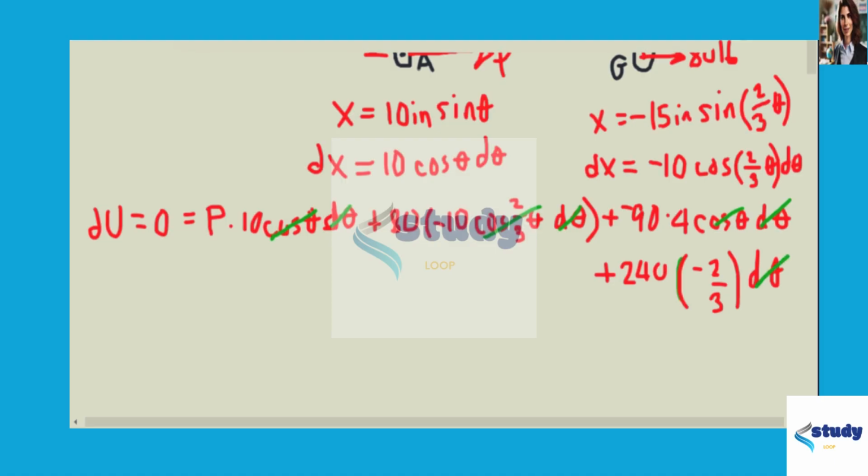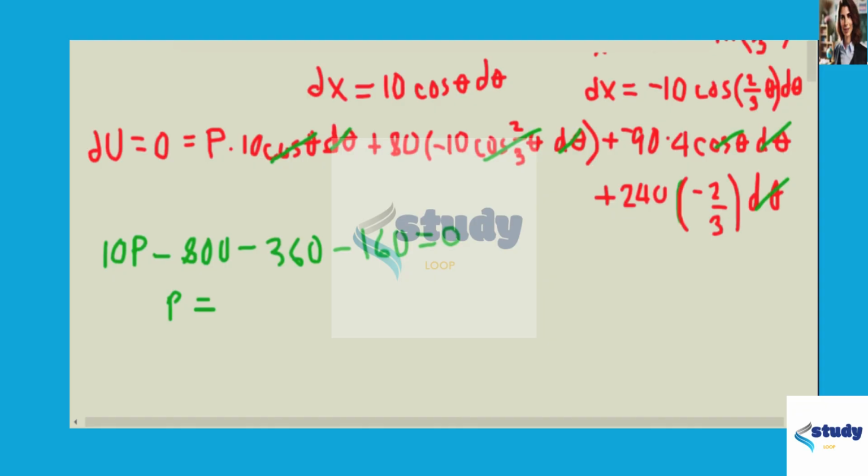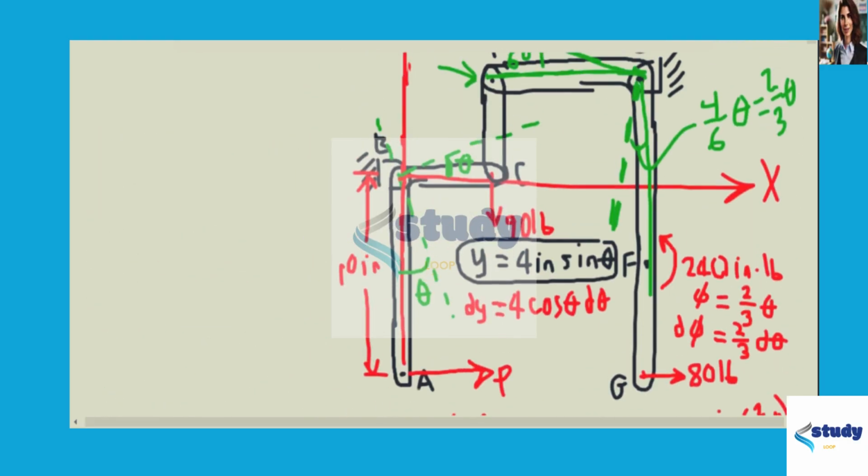And so now I get 10P minus 80 times 10 is 800, minus 90 times 4 is 360, minus 240 times 2/3 is 160, equals 0. Solve that for P, and you get 132 pounds.